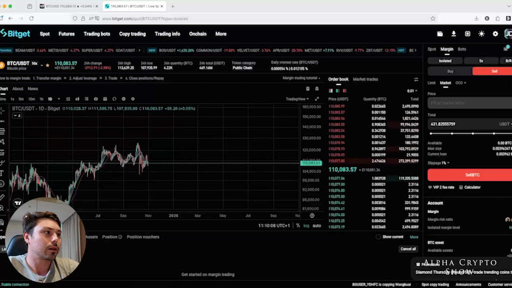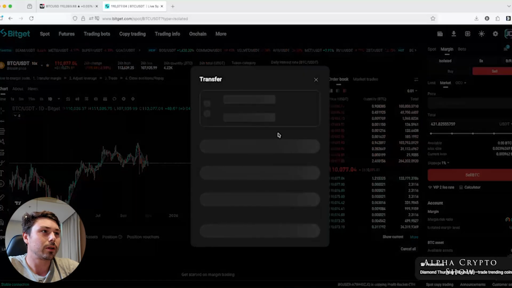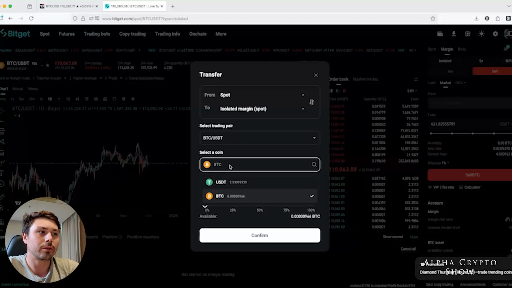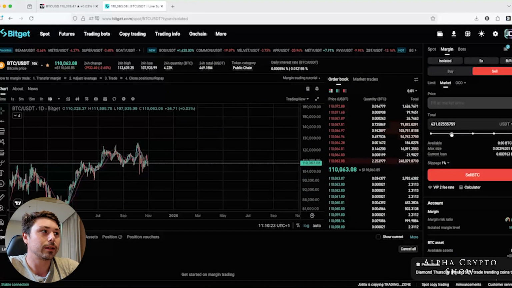Basically, that's it. If I want to short the BTC now, I have to make sure I have some BTC here, because first you want to sell the Bitcoin. So that's how you can short it, and you can have the leverage on your Bitcoin also.